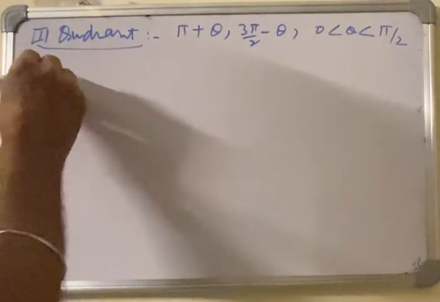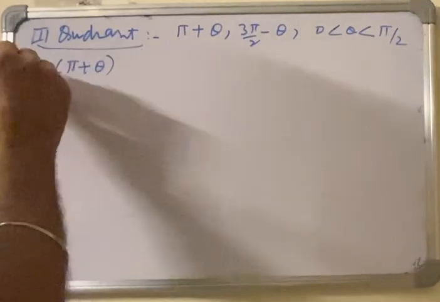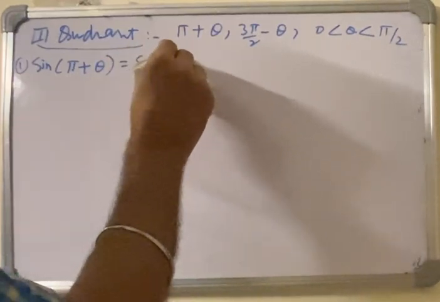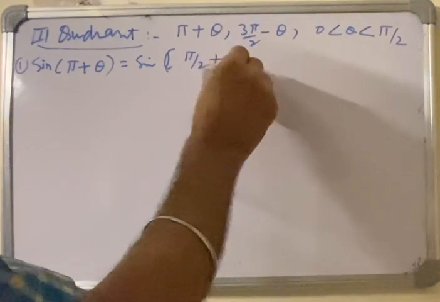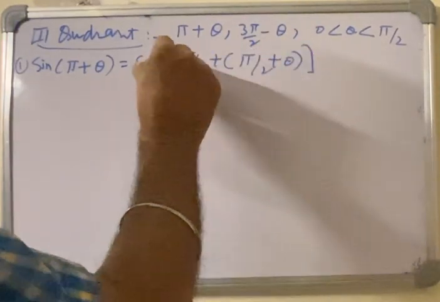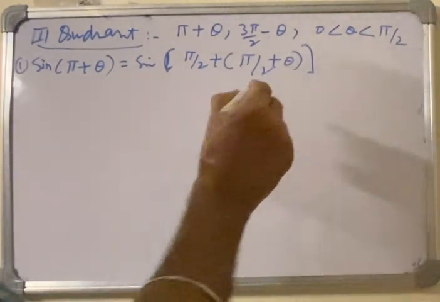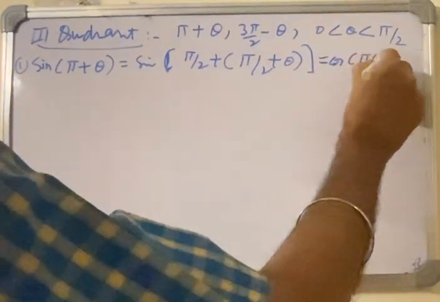First of all, sine pi plus theta, we can write it as sine pi by 2 plus pi by 2 plus theta. Now we know that sine pi by 2 plus theta is cos theta, that is cos pi by 2 plus theta.